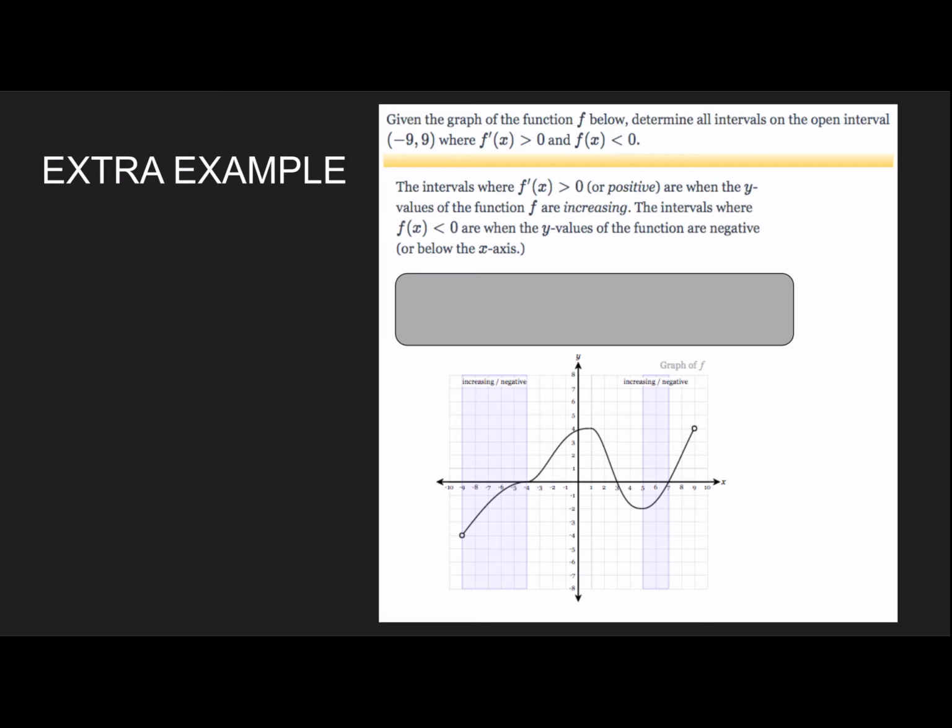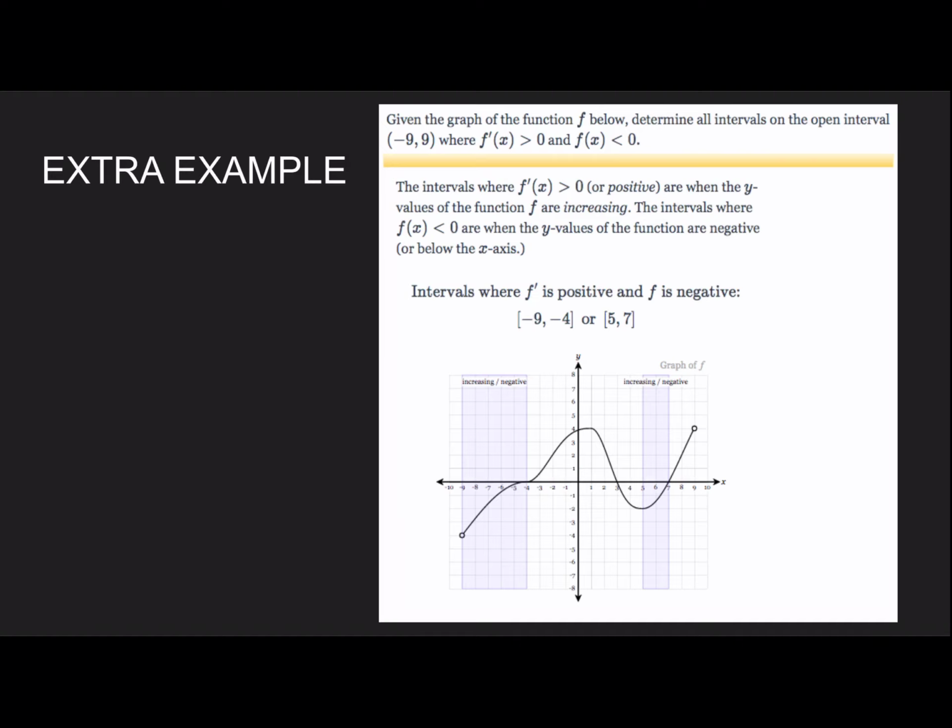Well, that only occurs in quadrants 3 and 4 because that's where y is negative. The y values in your x comma y ordered pairs are negative in quadrants 3 and 4. So then I look at my graph and I say, oh, you know what? Look at the purple region. Between -9 and -4, I have positive slope, but y is negative.